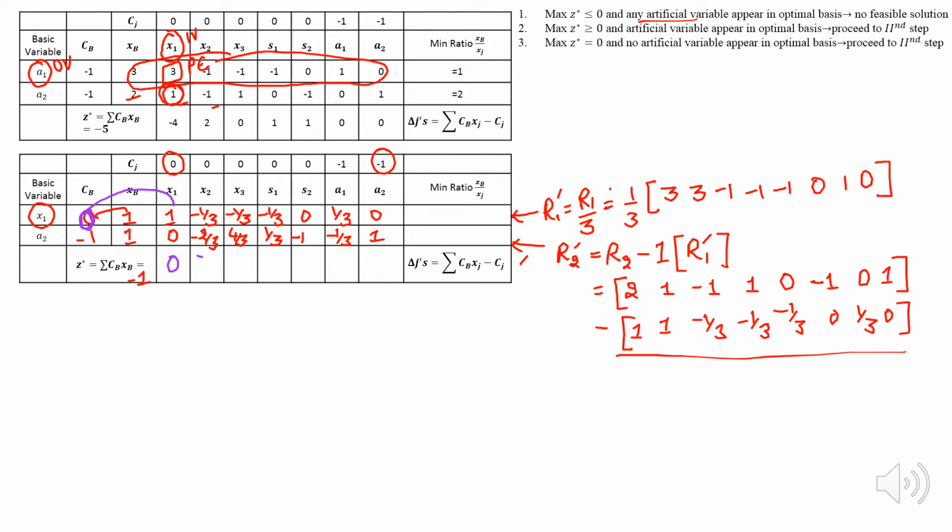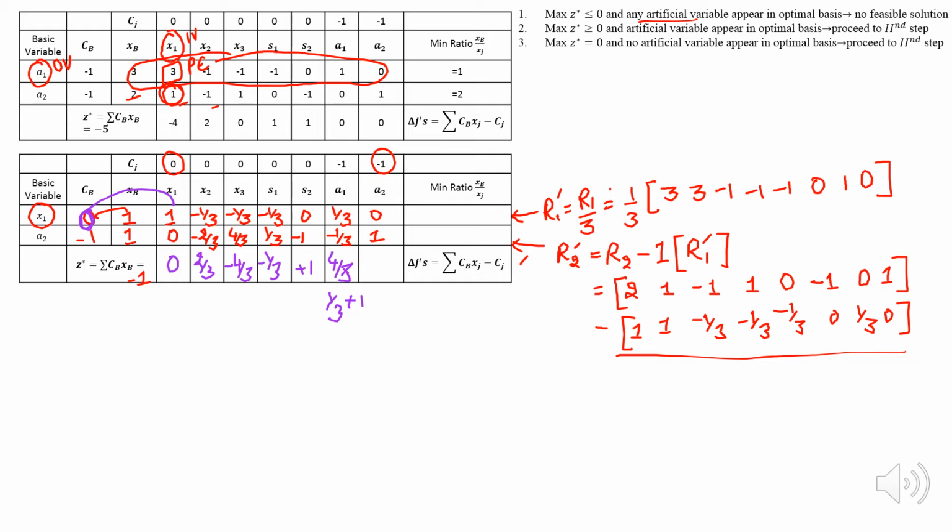So minus 2 by 3 will become plus 2 by 3, Cj is 0, minus into 4 by 3 is minus 4 by 3, Cj is 0, so it will remain the same. Here also it will be minus 1 by 3; now it is minus, plus 1, here it will change. Here it is minus into minus 1 by 3, which is plus 1 by 3, then it is plus 1, because minus minus again will become plus, so it is 4 by 3.